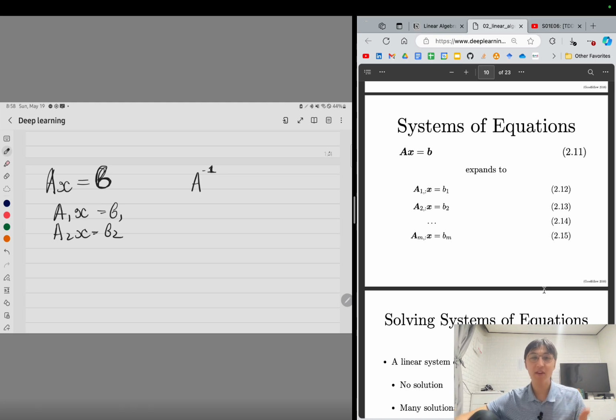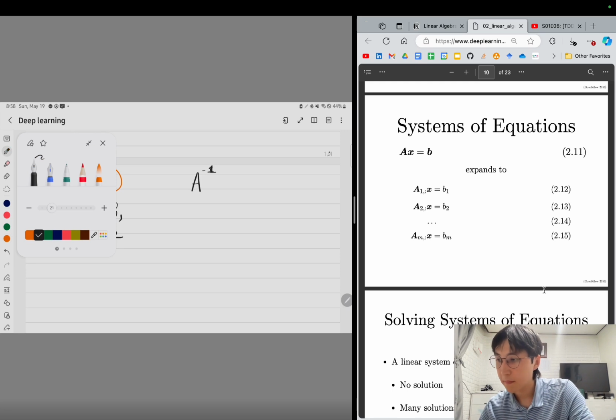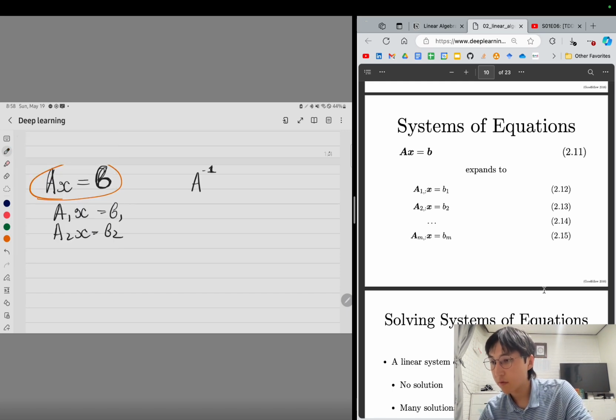But if you know the inverse of the matrix, then solving an equation of this type is not a problem. Because according to the formula, A multiplied by A inverse is equal to the identity matrix.